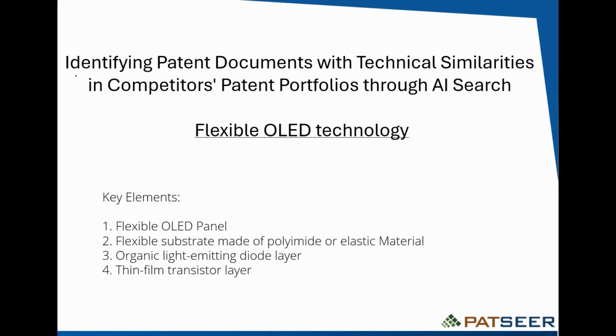Now I'm going to make use of PatSeer's AI search to create a search based on a particular competitor or company. Currently I am interested in looking at what LG Corp has been up to in this flexible OLED technology space. So let's go back to PatSeer and run this search.